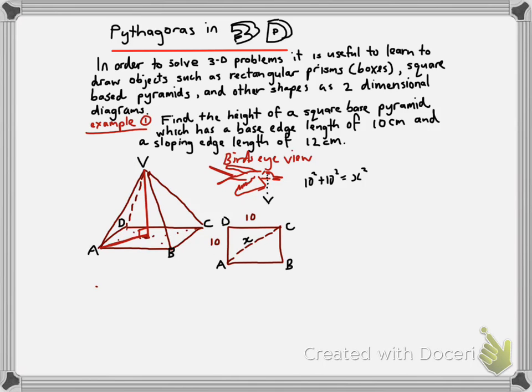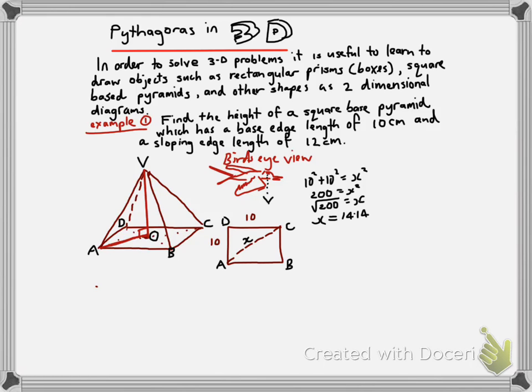So now using this triangle here, we've got 10 and 10 as the 2 shorter sides, and x is the longest side. So we set up Pythagoras' theorem showing the 2 short sides squared and added equaling the longest side squared. So we get 200 equals x squared, so we square root both sides to get x.